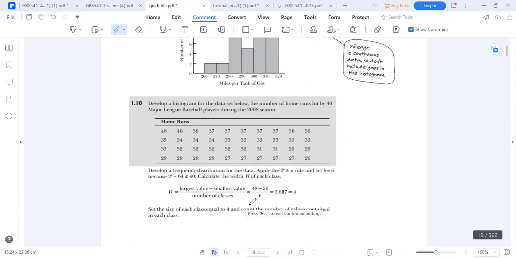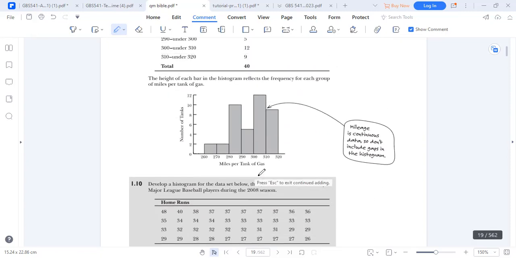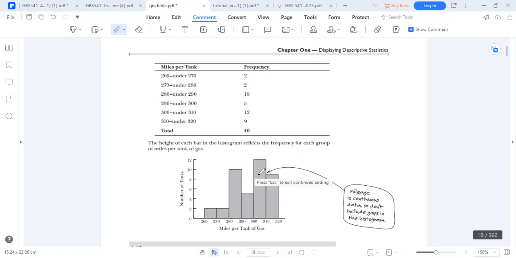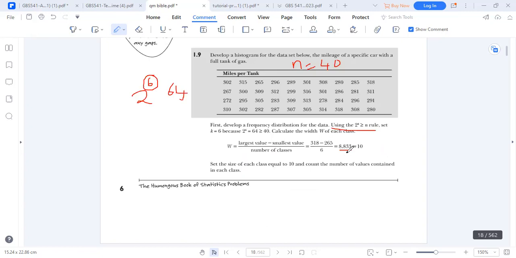Yes, please. Why did we round up to 10 when it's 8 point something? Why didn't we round up to 9? I think I explained that even if you round it up to 9, it's still okay. There are two things that were done here. We rounded up to 10 because we want to work with a class width of 10.